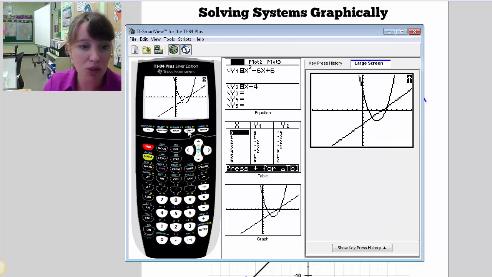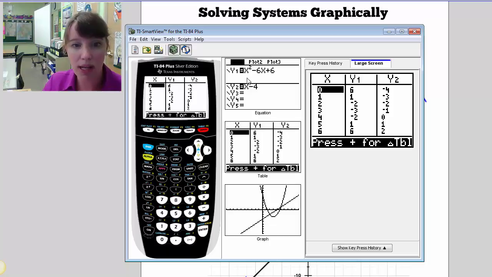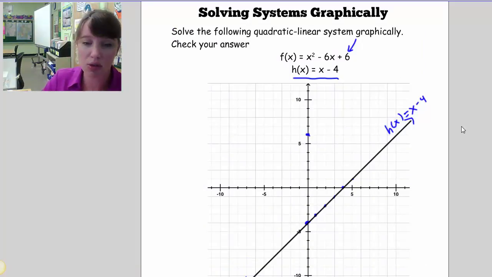So let's use our table to pick up a few values of interest here. Y1 is the quadratic equation. Let's pick 0, 6, which we said before, 1, 1, 2, -2, and 3, -3. So we have 0, 6, 1, 1, and 2, -2, and that is where it meets.